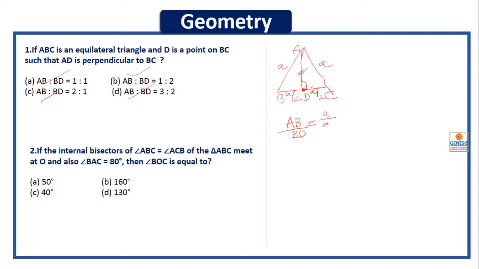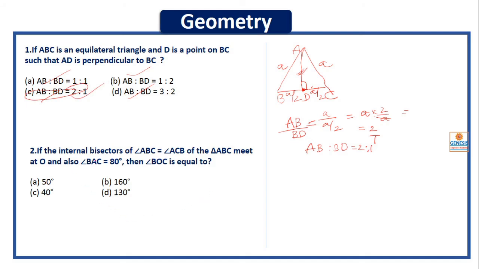So A by A by 2 is equal to 2, so that is 2 by 1. So AB is to BD is equal to 2:1. So answer C is the right answer.